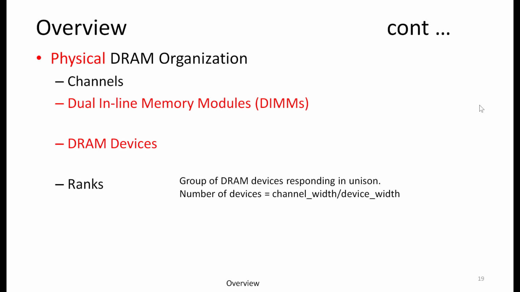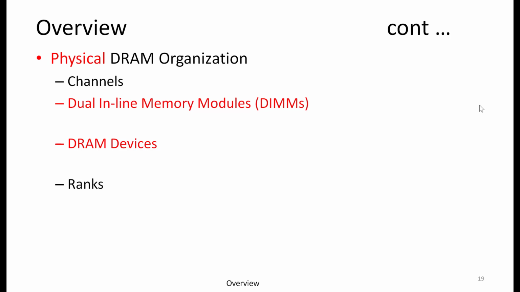The channel width is the width of the data bus. If we say that the channel width is 64 and the device width is 8, it means that 8 such DRAM devices make my rank. Ranks are further divided into banks as rows and columns. We have already seen that.